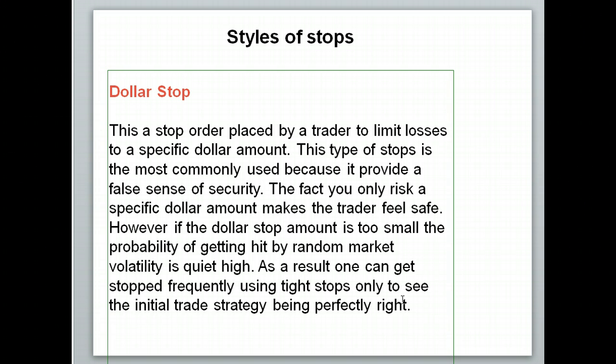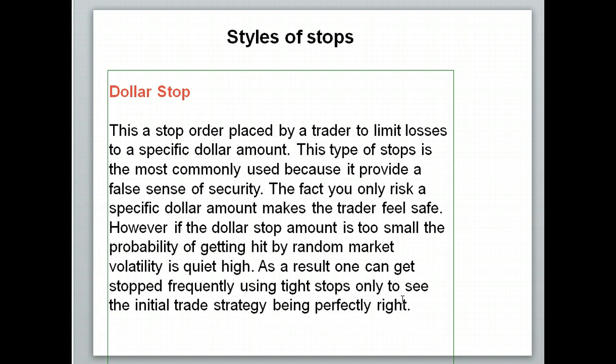And due to the volatility of the market, you can then easily get hit with your stop, lose $200, only to see the market going in your direction after you got stopped. So that's why I say it gives you a false sense of security, because the security that you provide yourself is a specific dollar amount that you're willing to lose.